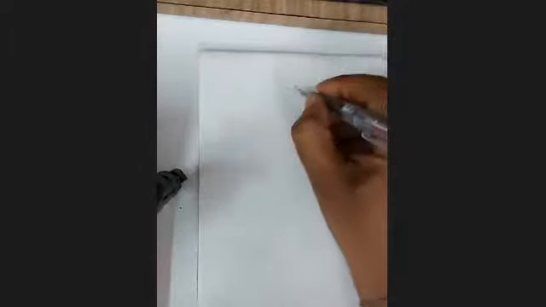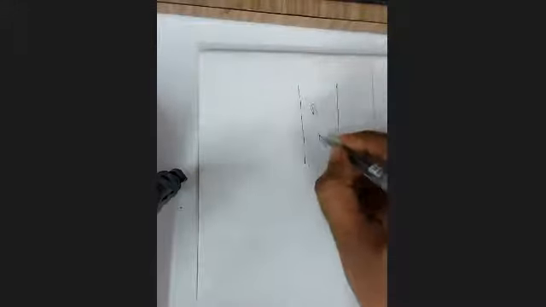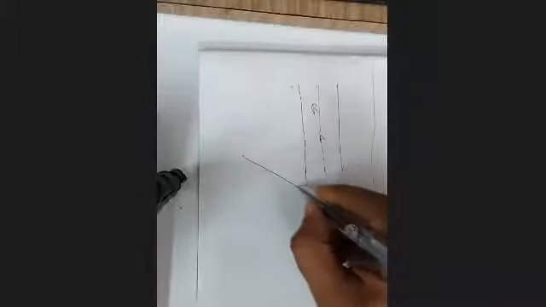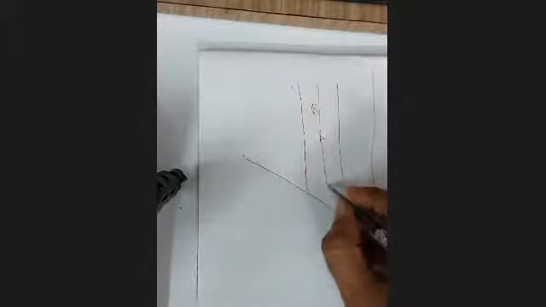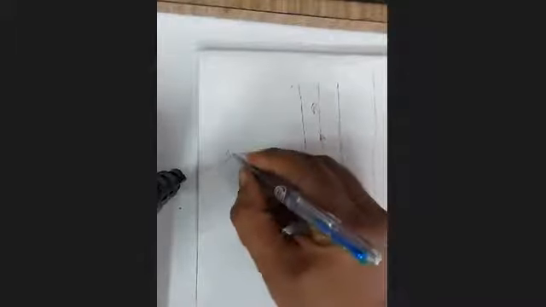Now, suppose this is the rectus abdominis muscle. Because there are two recti, this is the rectus abdominis muscle, and here is the inguinal ligament.